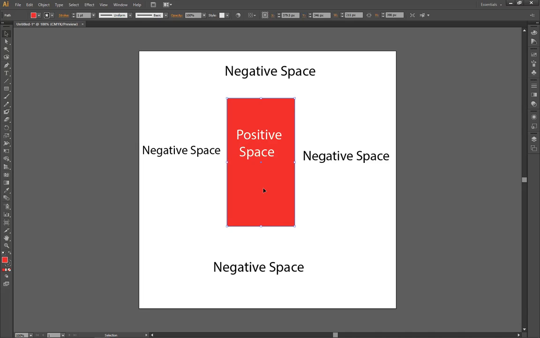So since somebody is mainly focusing on the red shape, it becomes a positive space. And the other area that somebody is not focusing on, that area is called the negative space. Are we together? Yes. So that is about negative space.